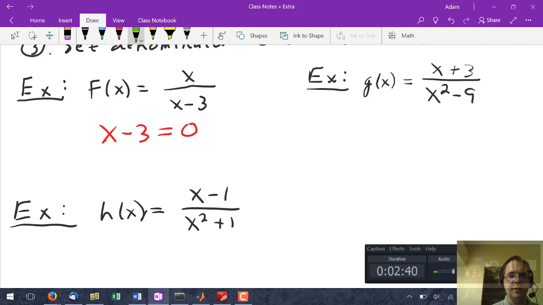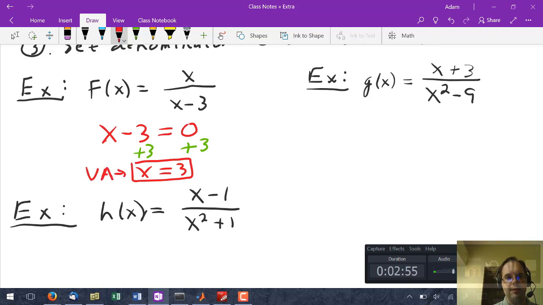All that you have to do is add 3 to both sides, and you have x equal to 3. And that is what we call the vertical asymptote. I might abbreviate that VA just to make it easier to write. So the vertical asymptote is x equal to 3.